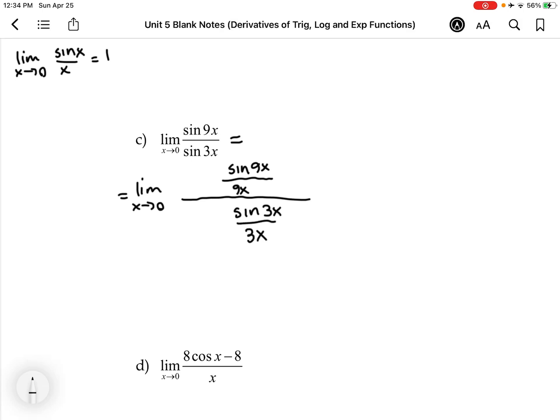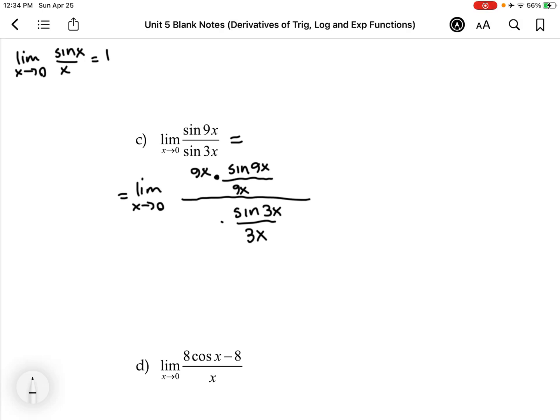Well, the only way for me to achieve that is if I had multiplied this by 9x as well. Because then, if you think about working backwards, the 9x's would cancel to just make sine of 9x in the numerator. Okay, so 9x times sine of 9x over 9x is the same as sine of 9x.